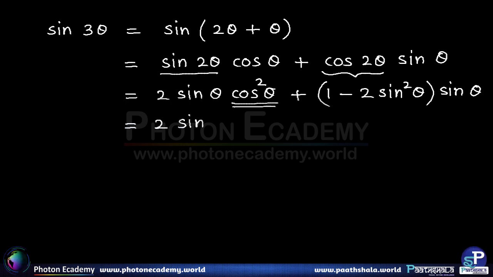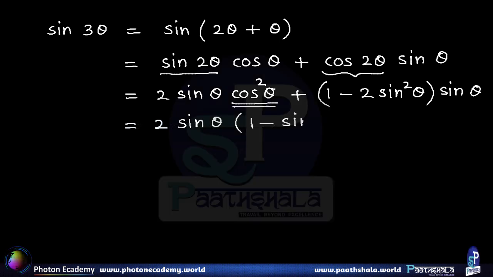So therefore doing that we get 2 sin theta into 1 minus sin square theta plus, now let us expand the remaining term, that is where we get sin theta minus 2 sin square into sin will give us sin cube.